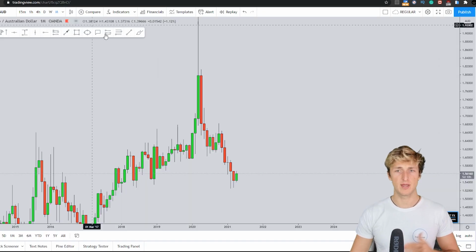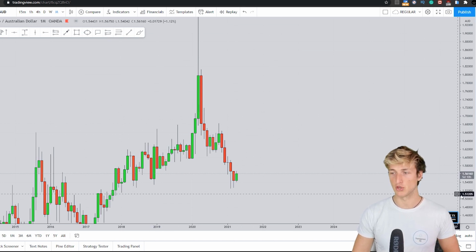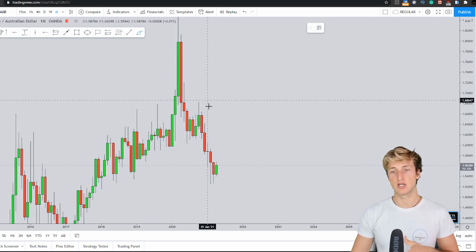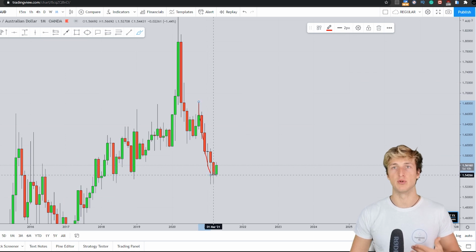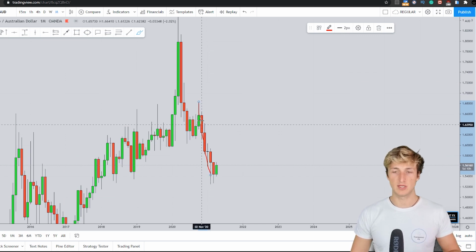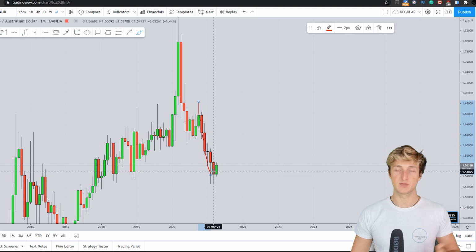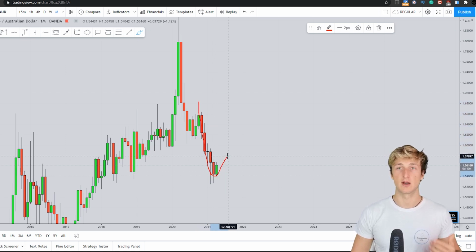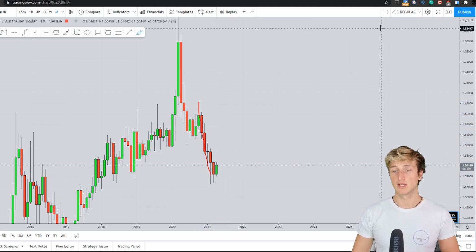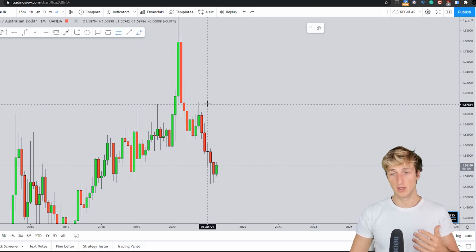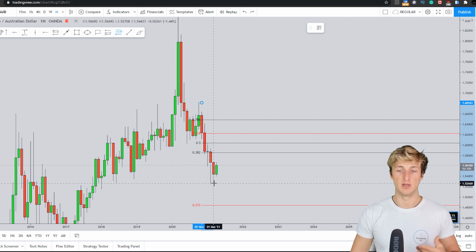Now, starting from the monthly time frame, what do we have? Here on the monthly, we have a market which has just provided a very strong impulse to the downside. Generally speaking, after the creation of an impulse, what you expect is for the market to provide a correction. Specifically, you would like to see the market provide a correction at least to the 0.32 of the Fibonacci taken on the impulse leg.